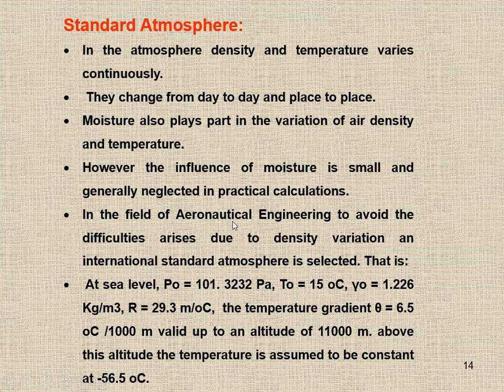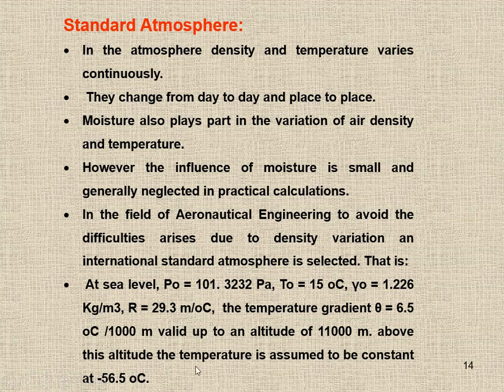In the field of aeronautical engineering, to avoid the difficulties arising due to density variation, an international standard atmosphere is selected, in which these values are considered at sea level, varied up to an altitude of 11,000 meters.